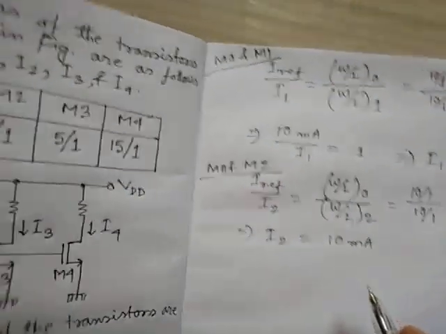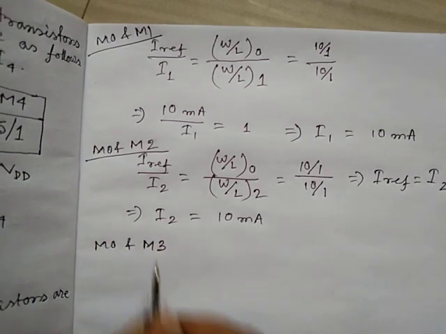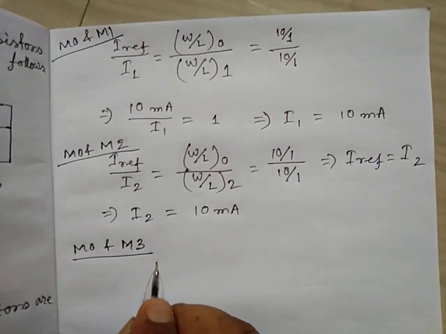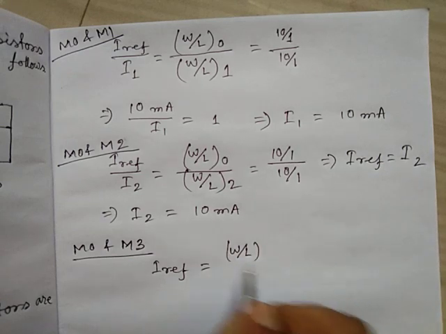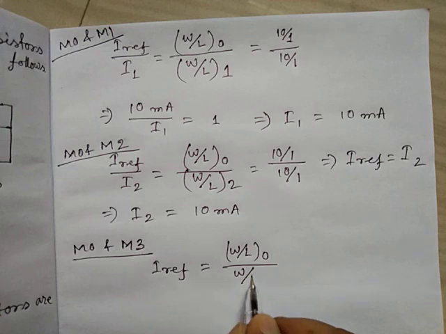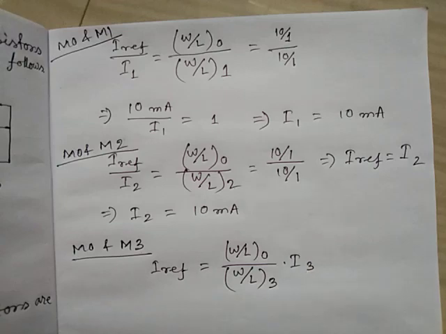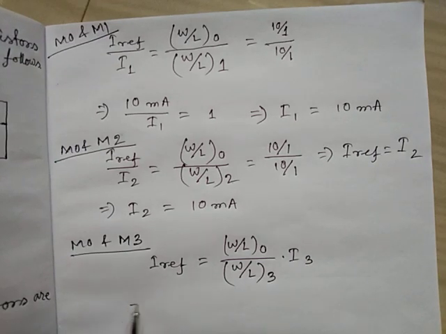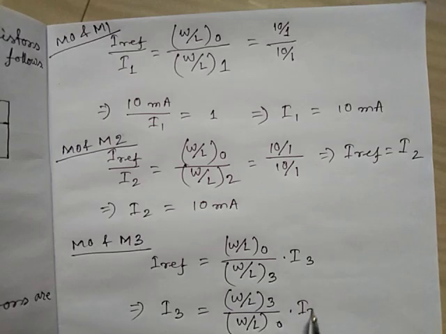Now let's see M0 and M3 transistor. I reference equals W by L of M0 by W by L of M3 into I3. So I3 equals W by L of M3 by W by L of M0 into I reference.